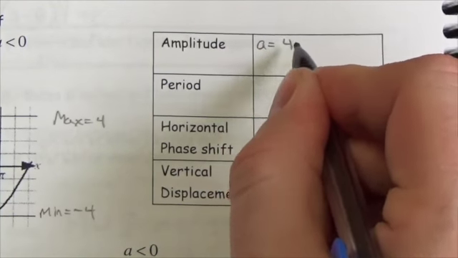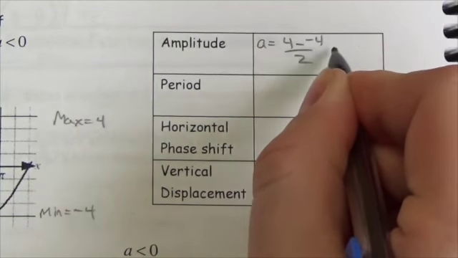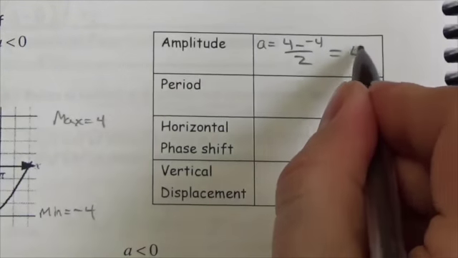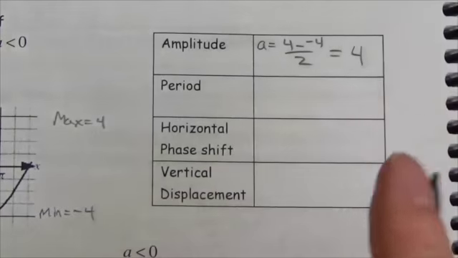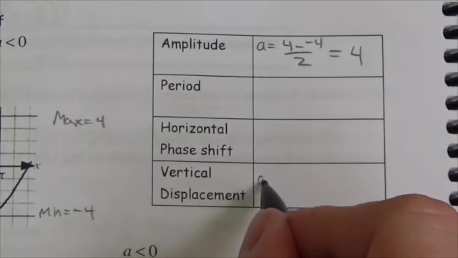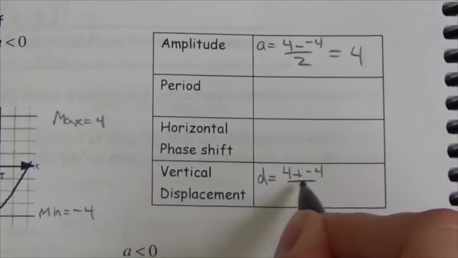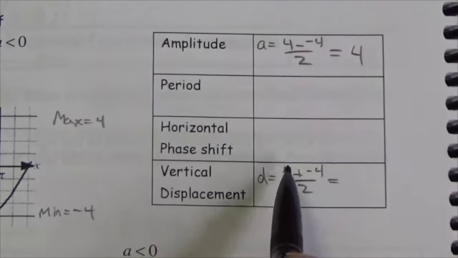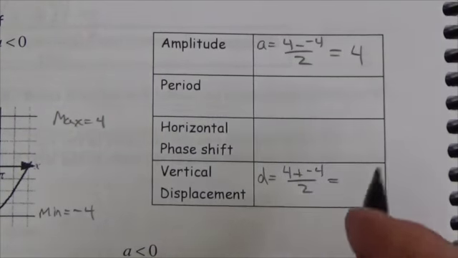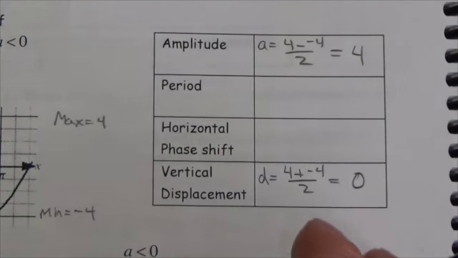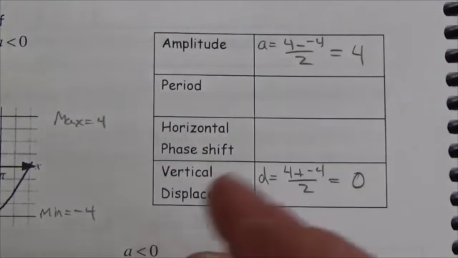So that's 4 minus -4 over 2. 4 minus -4 is 8, divided by 2 is 4. The amplitude is 4. My vertical displacement, d, is the max plus the min over 2. So 4 plus -4 is 0 over 2, just 0. In other words, there's been no vertical transformation here. If this graph has been transformed at all, it has not been moved vertically.